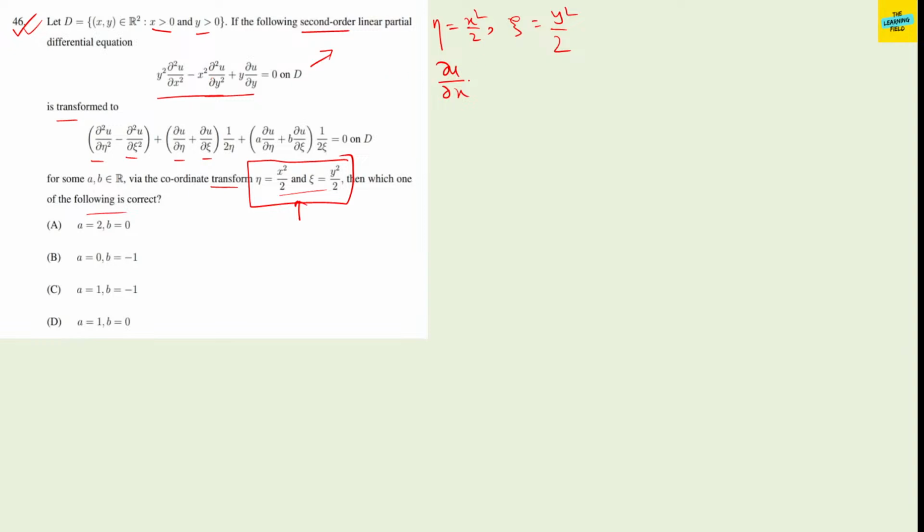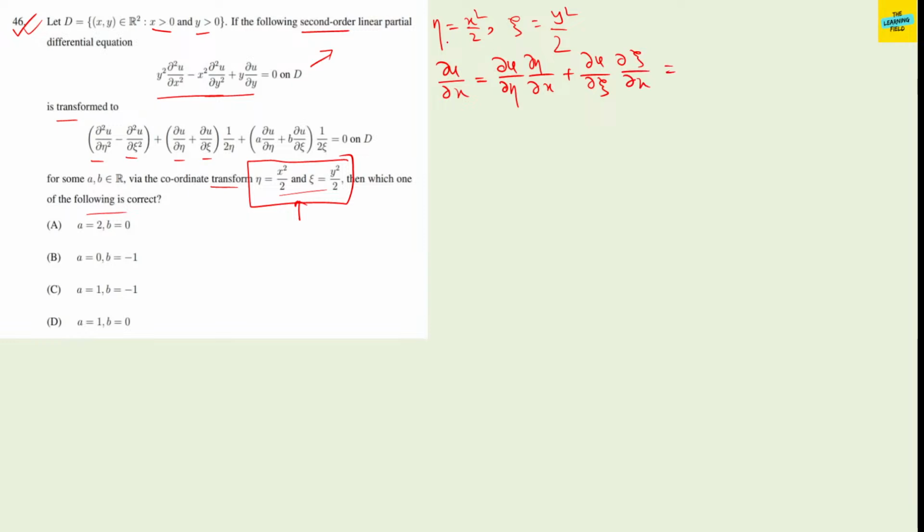Now ∂u/∂x equals what? ∂u/∂x equals ∂u/∂η times ∂η/∂x plus ∂u/∂ξ times ∂ξ/∂x. Fine.